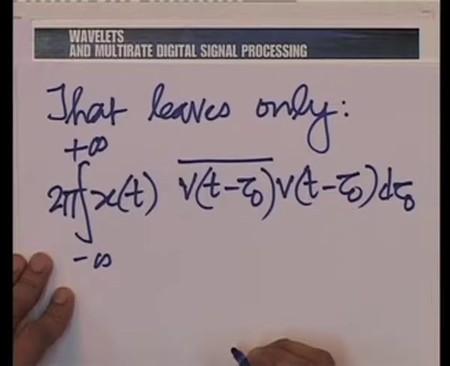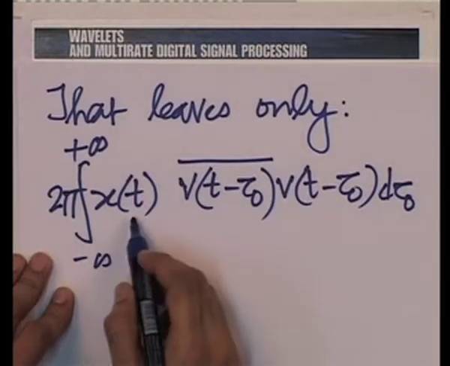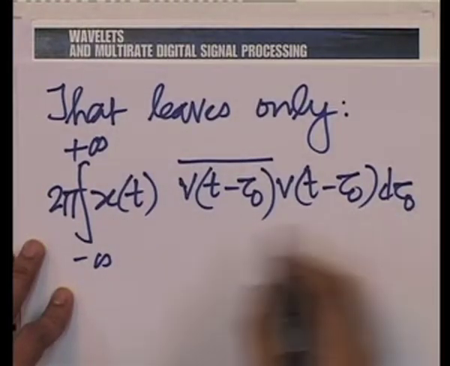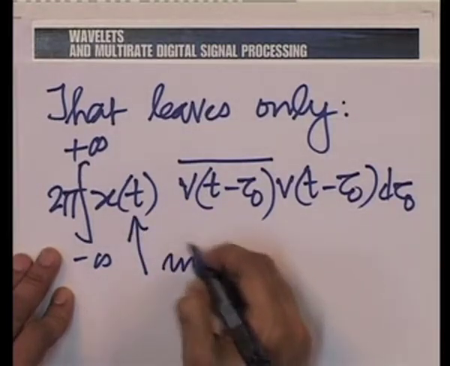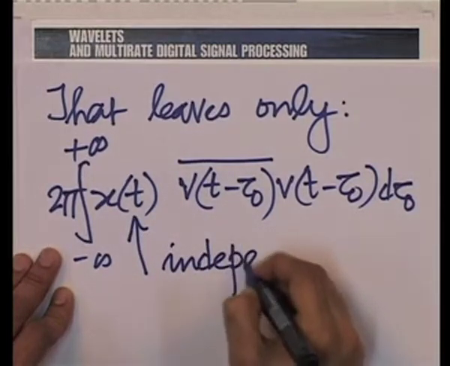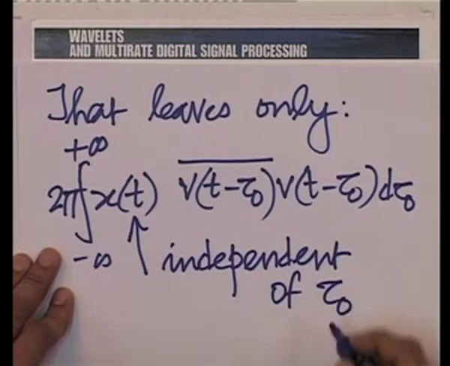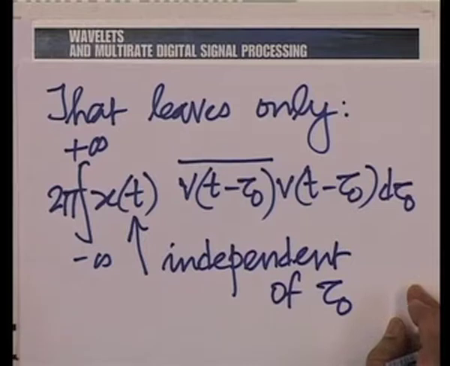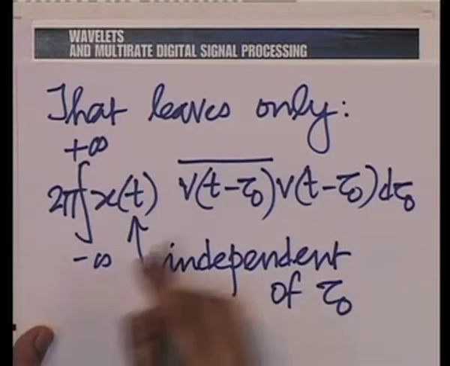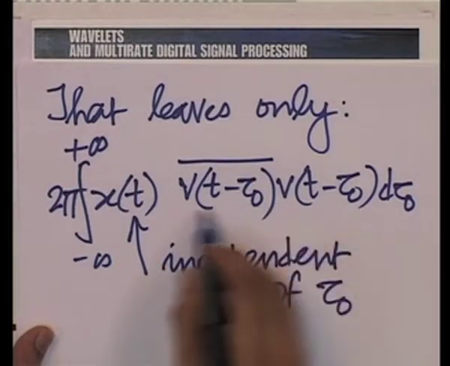Now, that is easy. After all, x t is independent of tau naught. So, I can bring it outside the integral, and that essentially leaves an integral of this quantity for me.